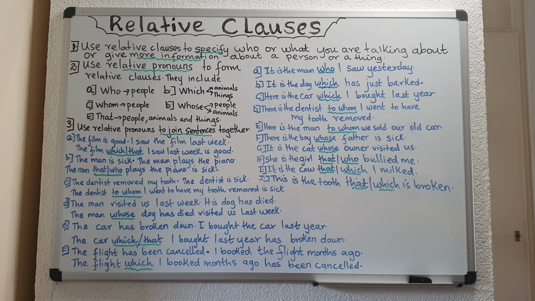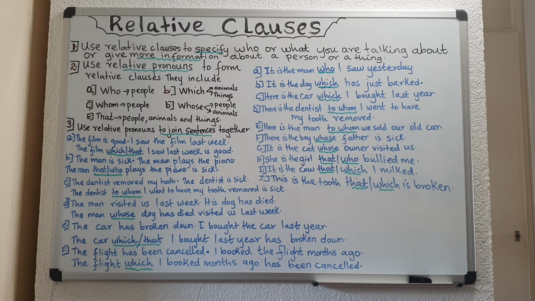Now, E, here is the man to whom we sold our old car, okay? So there are several men, and you want to be very specific about which particular man you sold your old car to. So then you would say, here is the man to whom we sold our old car. So that relative clause provides us with extra details about which particular man.